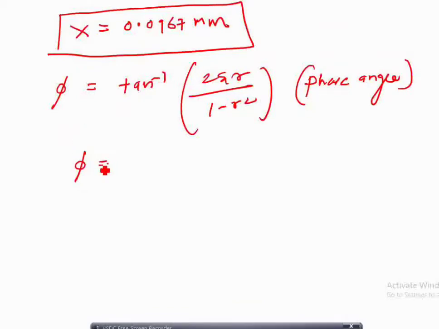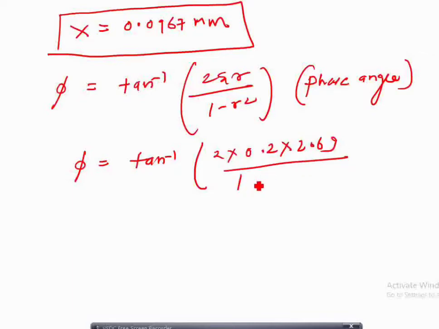So phi is equal to tan inverse of 2 into 0.2 into 2.69 divided by 1 minus 2.69 bracket square. So from this I am getting phi is equal to minus 9.78 degree. So as I said, when the answer is negative, it is out of phase by 180 degree.